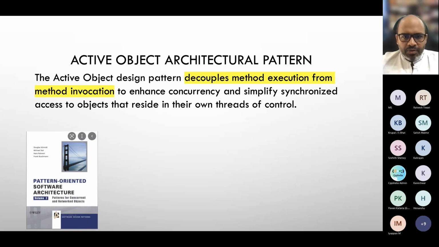I know it's a mouthful, but let's focus on the highlighted item. It's the core of active object. It decouples method execution from method invocation. So let's keep this in mind throughout this talk. I will be emphasizing this point at multiple points in this talk.